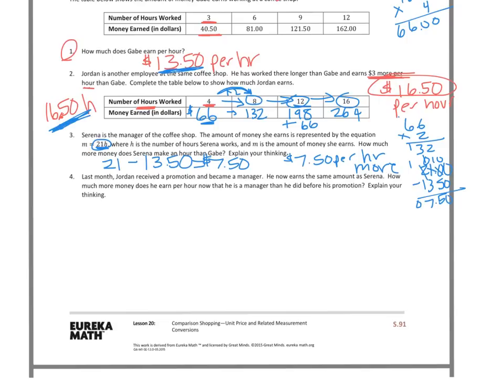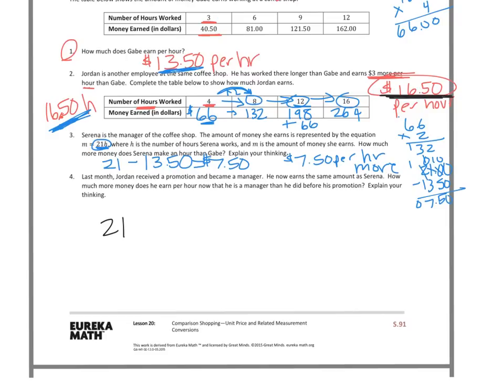4 says, last month Jordan received a promotion and became a manager. He now earns the same amount as Serena. How much more money does he earn per hour now that he is a manager than he did before his promotion? So I know that Serena is making $21 an hour, and I can look up here to see that Jordan was making $16.50 an hour.